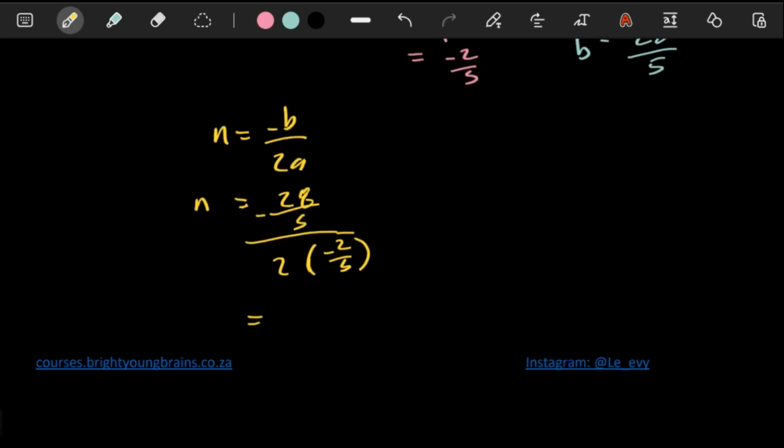Let's just put this in the calculator. Negative 28 over 5 divided by 2 times negative 2 over 5. Okay, what do we have there? Negative 28 over 5 divided by that, what are we going to get? 7. Okay, so the 7th term is the maximum value.